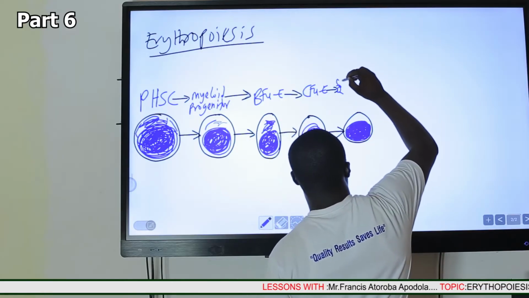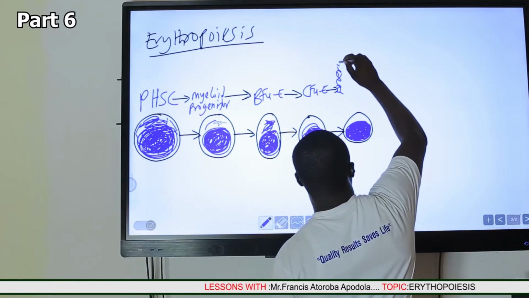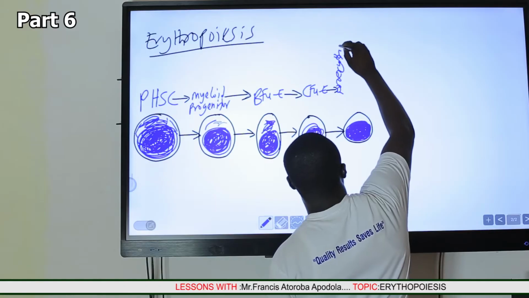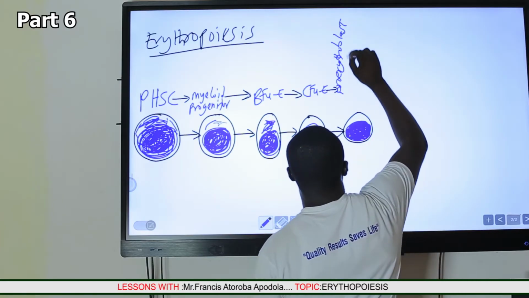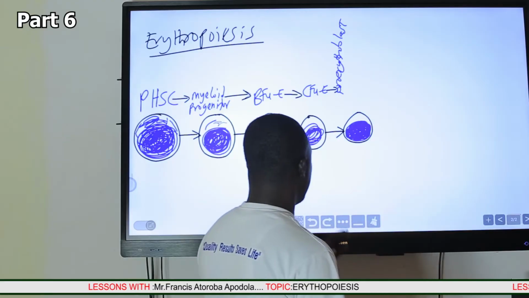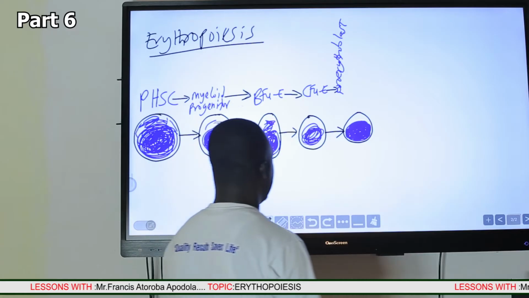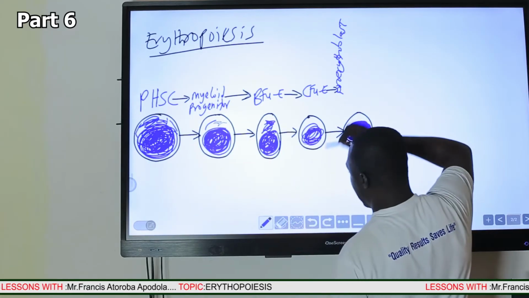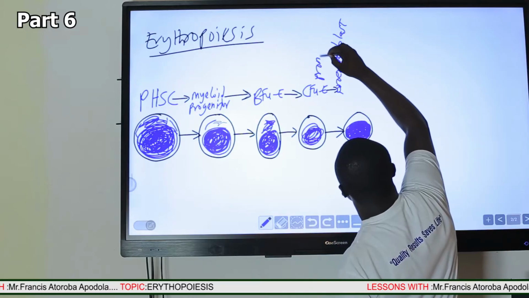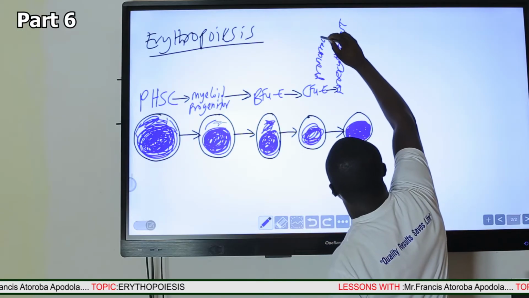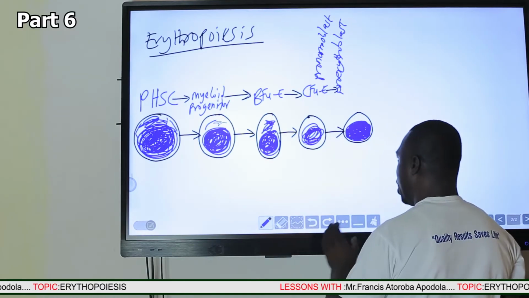I want to go with proerythroblast, I prefer that one, because it speaks of the type of cell. Proerythroblast is the same thing as pronormoblast. So from here, we'll be coming out with nomenclatures. Proerythroblast or pronormoblast. We also have another nomenclature.